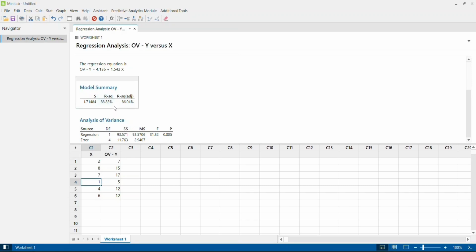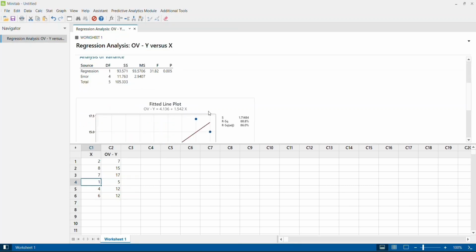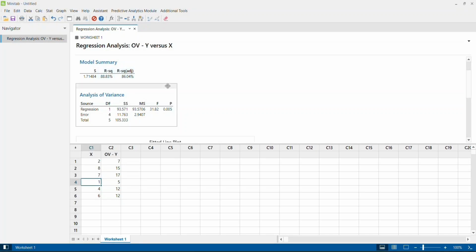That means if this input changes, your output will also change, or in other words, if your x changes, your y will also change. And how much your y is changing, that can be explained if there is 1 unit change in your y. 88.83% of that 1 unit is because of this x, and the remaining is because of the other factors. That is what this R square means.